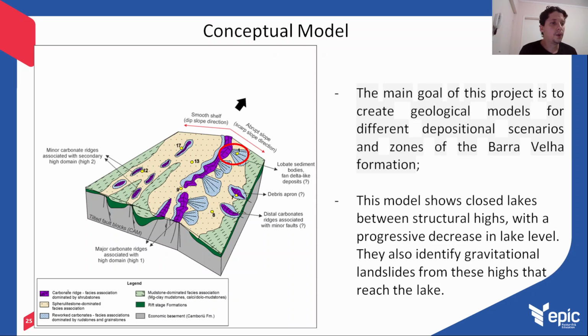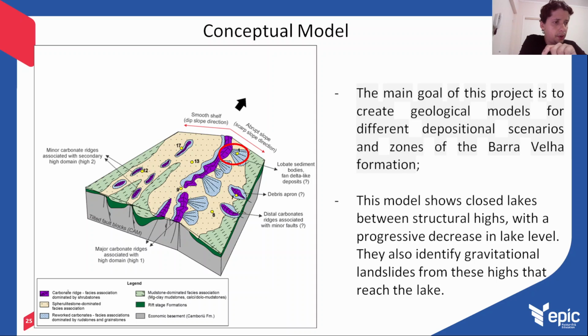The main goal of this project is to create geological models for different depositional scenarios and zones of the Barra Velha formation. And this is a preliminary stratigraphic model developed by the team for the Upper Barra Velha formation.